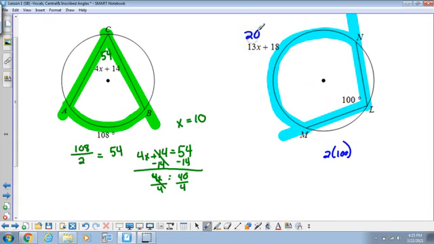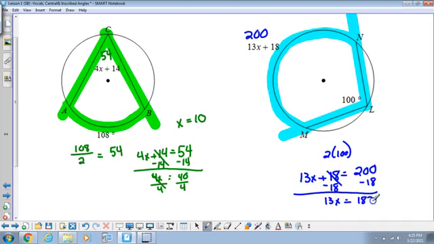This one is 200 degrees. So we set up our equation, 13x plus 18 equals 200. And then we solve. Subtract and divide. And when we're all done, we get that x equals 14.